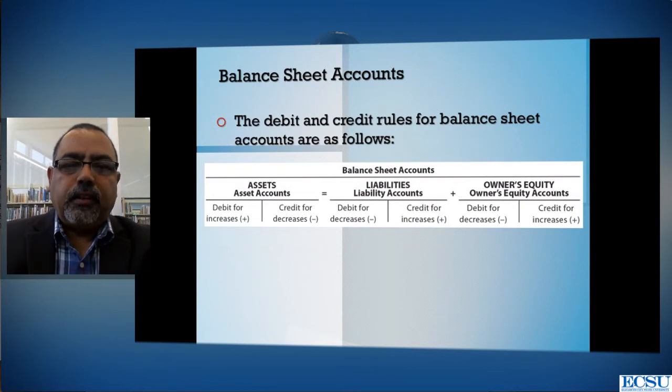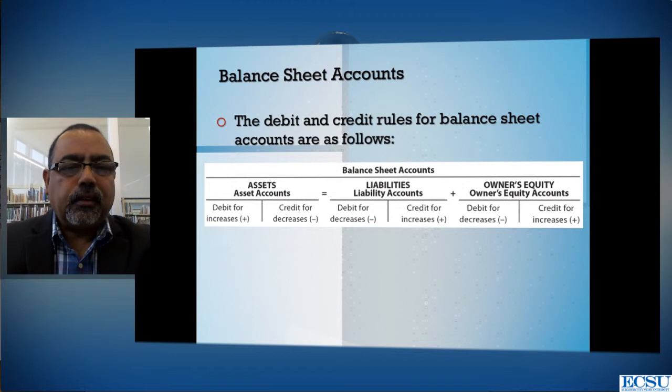Okay, the debit and credit rules for balance sheet accounts are as follows. For all asset accounts, debit for increases and credit for decreases. I repeat, for asset accounts, debit for increases and credit for decreases. So for example, cash is an asset account, and if I receive it, it should increase, therefore cash should be debited.